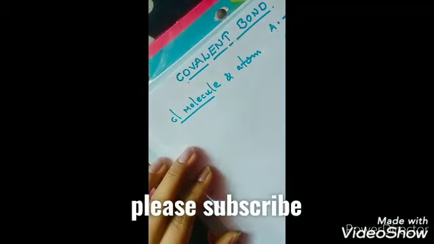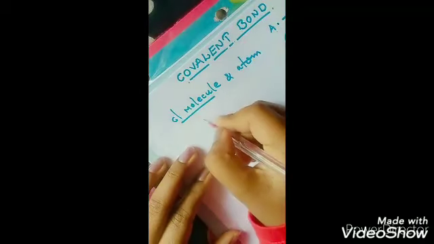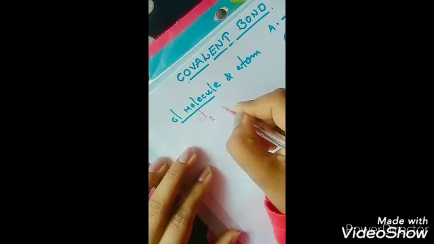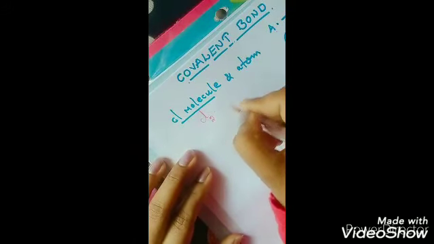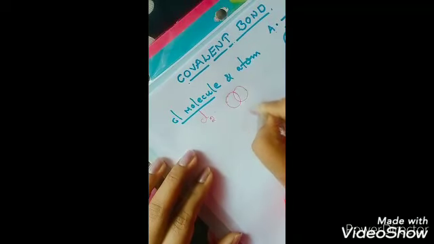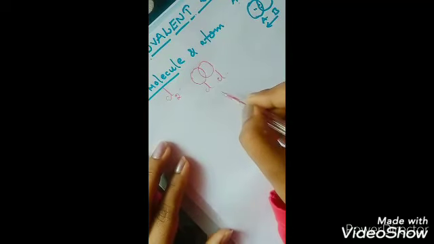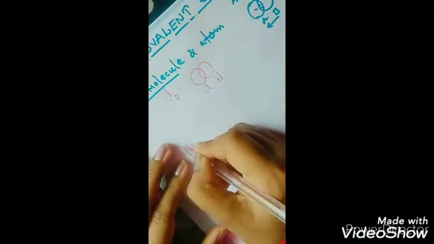Cl2 is the molecular formula for chlorine, and it is the combination of two atoms. This is one Cl and this is another Cl. This is the chlorine molecule. This is an example to explain the formation of covalent bond.